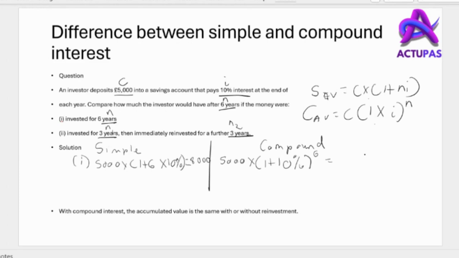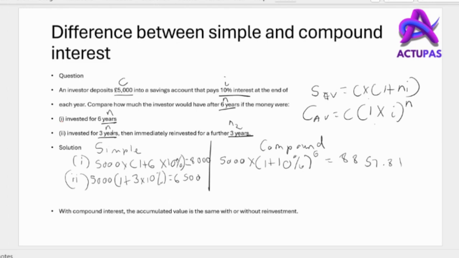This is equal to what? Using a calculator, we get 8,857.81. Then for number 2, it's invested for 3 years first. So we start with 5,000, the same formula, 1 plus, now it's 3 years, not 6, so it's 3 times 10%. Using a calculator, we get 6,500.